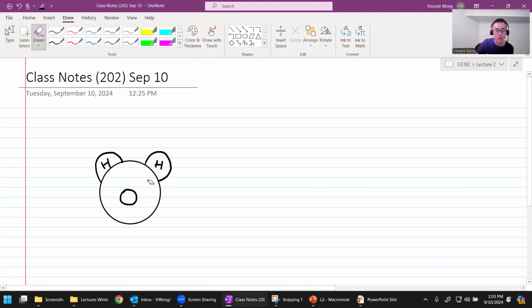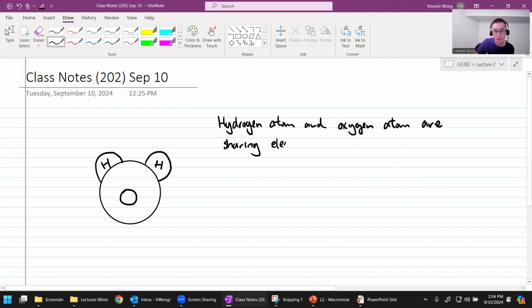The hydrogen atoms and the oxygen atom are sharing electrons. But it is an uneven sharing.